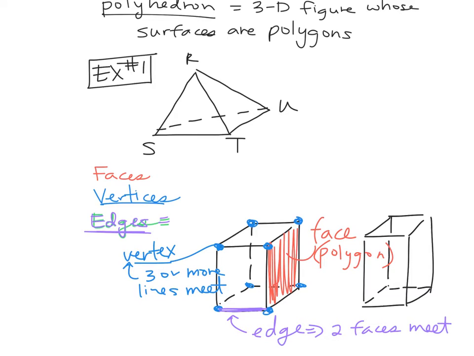Okay, so how many edges would you see in this picture? So that's the purple. There's 4. And another 4. And another 4, right? So there would be 12 edges in that.